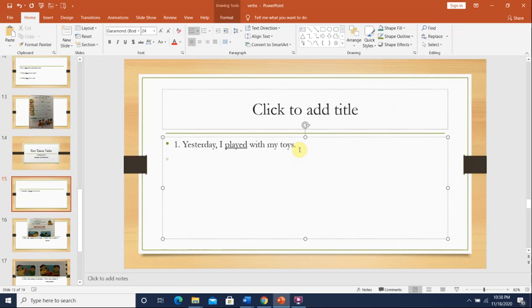Okay? So these are words that show you that it happened already in the past. But what will show you that it's already happened is that we put ed to the verb. We added ed to the verb. For example, yesterday I played with my toys.